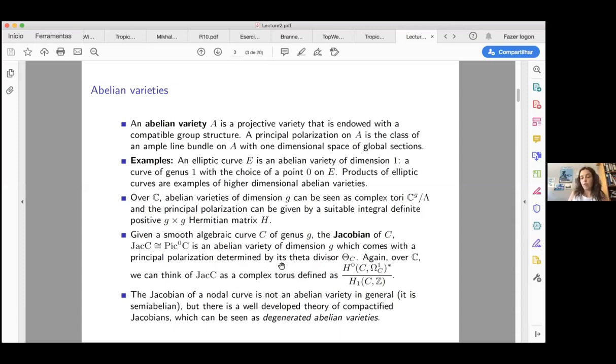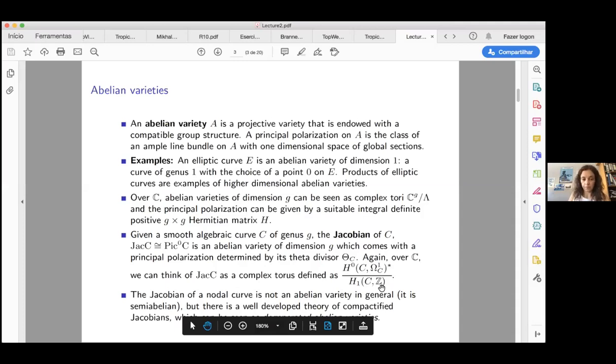Again, we can think of the Jacobian as a complex torus defined like this: the dual space of the space of sections of the differentials, mod out by the lattice of H_1 with integer values.